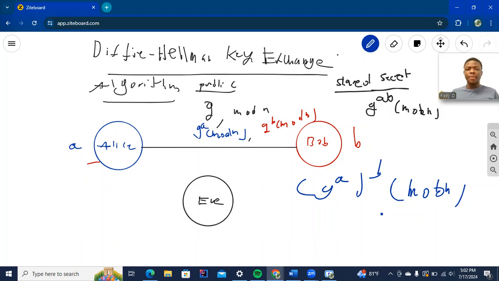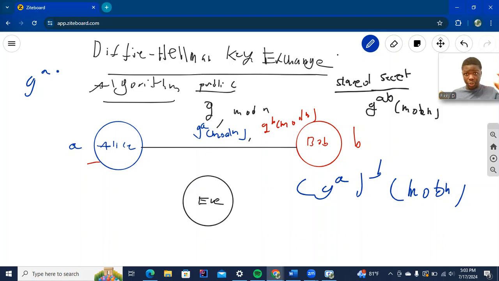The question might be: it's very likely that G to the A exceeds n, and so when we mod n, we reduce it to a number that is less than n. The idea here is that we don't need the actual G to the A value, the one that isn't reduced, because we're reducing it by mod n.